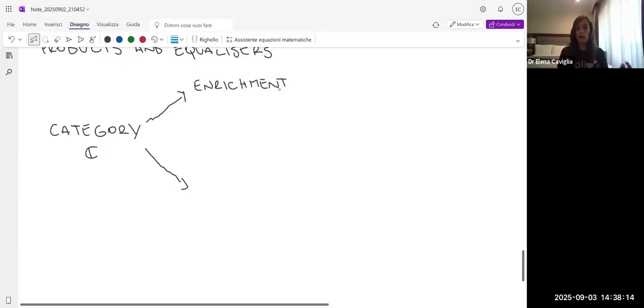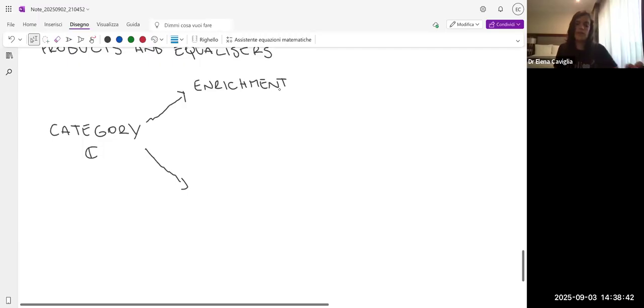And the idea of the enrichment construction is that now, instead of having a category where the homs, the set of morphisms between X and Y, are sets, we can have that this is instead an object of the category C, right?